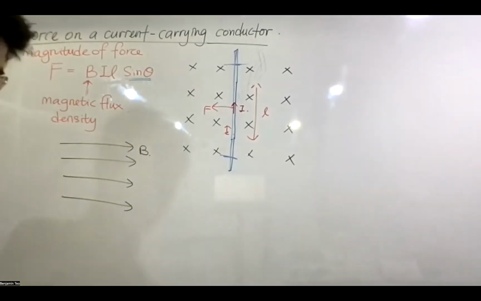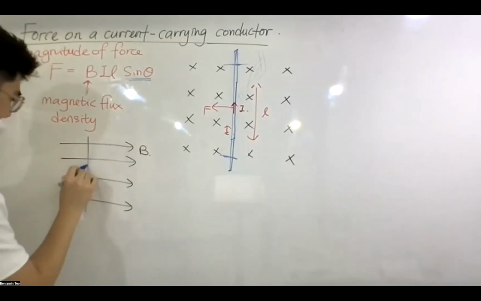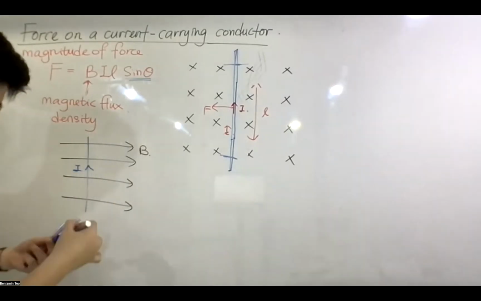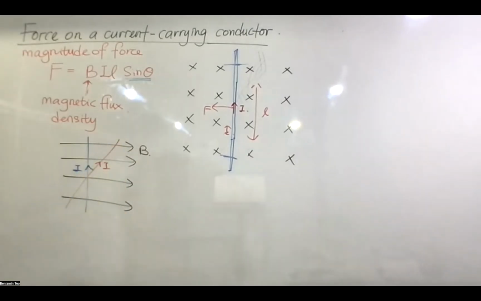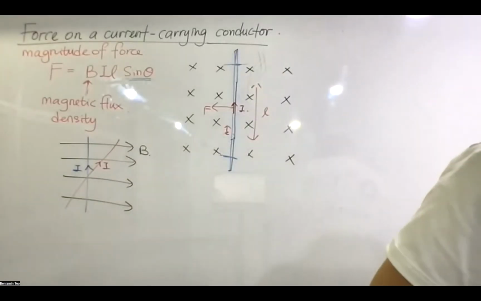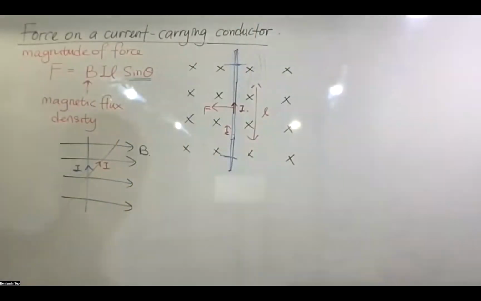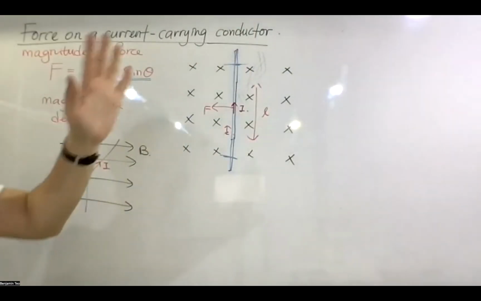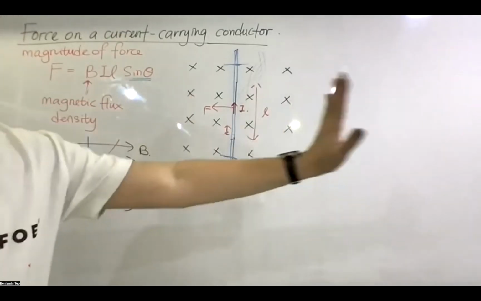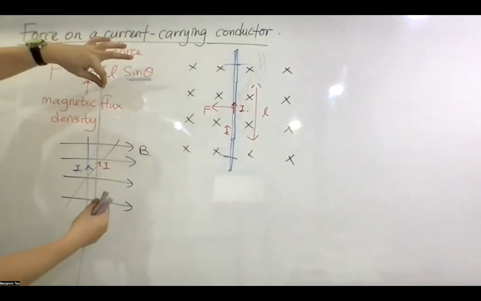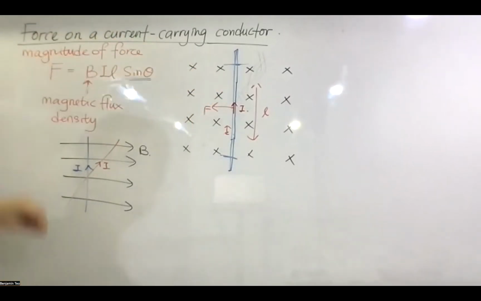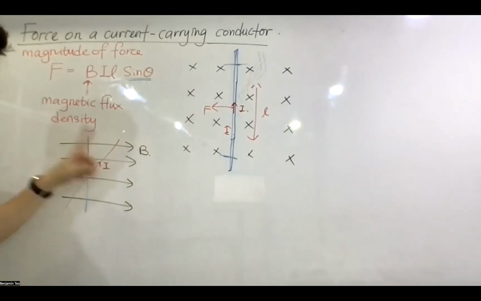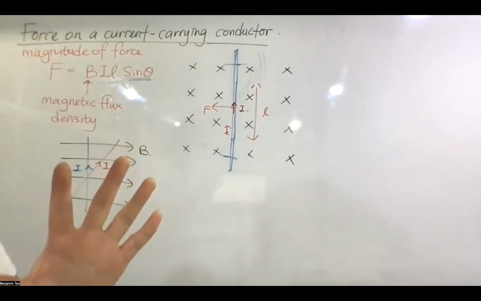The wire, I put like this, I. Or I can put like this, I. Okay, imagine that this space is all magnetic field going like this. Put my wire like this. I can also like this. This wire and the magnetic field, they are on the same plane.